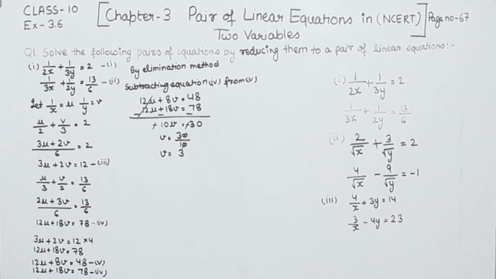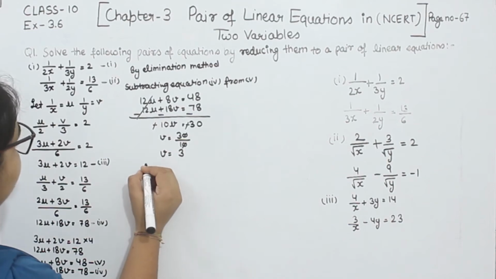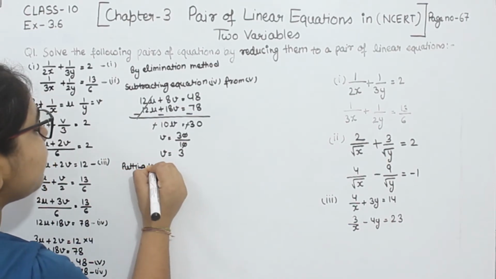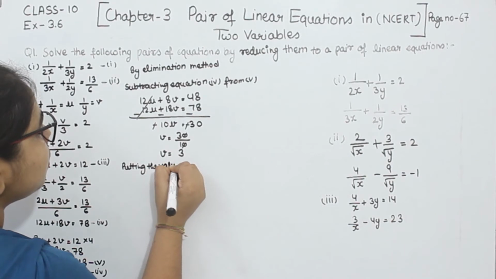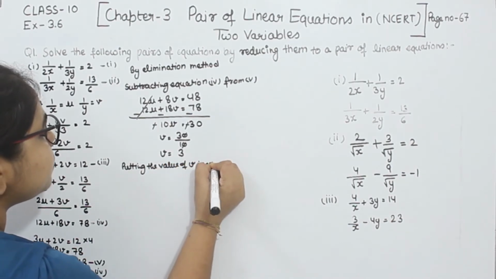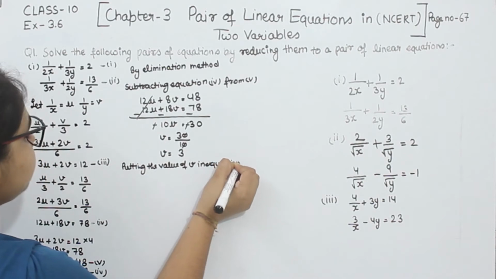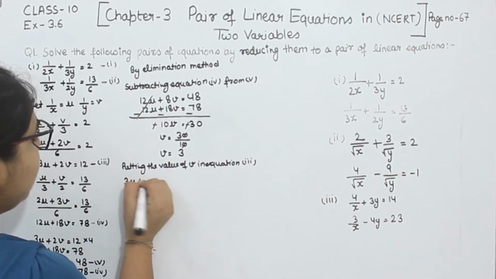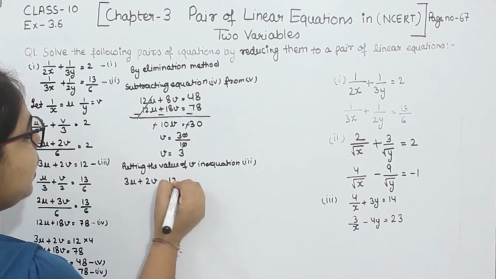Now I am going to put this value in equation number 3. So I am going to write here: putting the value of v in equation 3. So this one is 3u plus 2v is equal to 12.